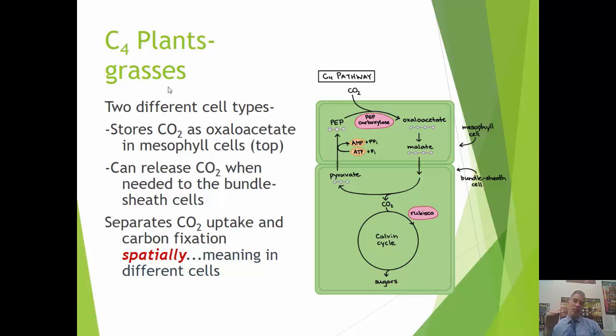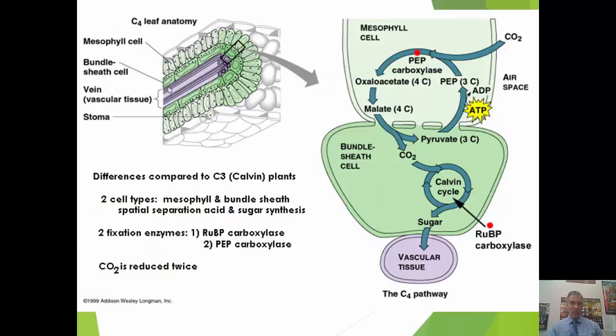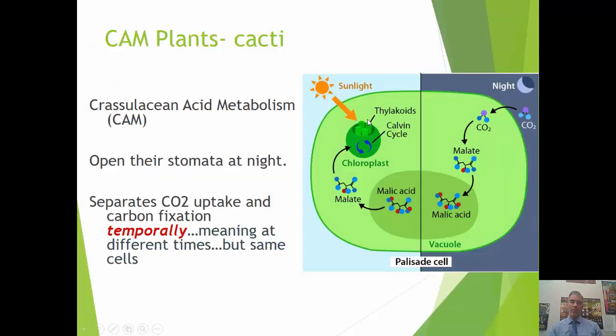A separate pathway than when carbon's actually finally turned into sugar in the Calvin cycle, which happens in a separate cell. So it separates it spatially. This is showing you, again, kind of where this happens in the bundle sheath cells of C4 plants. Calvin cycle in a separate place where they actually fix the CO2.